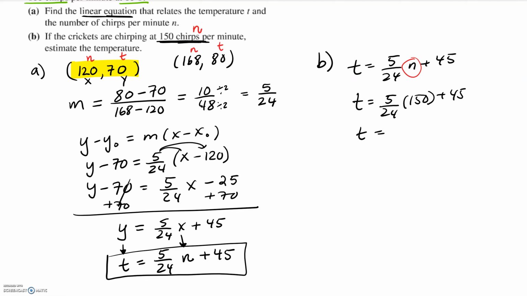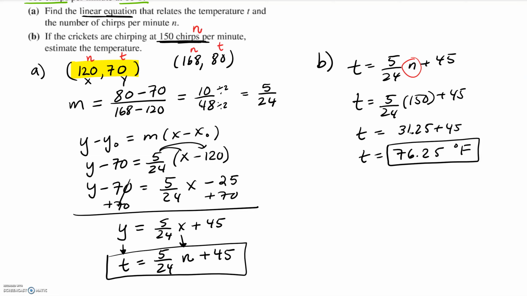So let's go punch that in, and it looks like we're going to end up with 76.25 degrees Fahrenheit as the temperature when there are 150 chirps per minute.